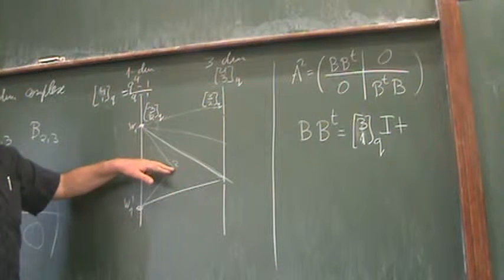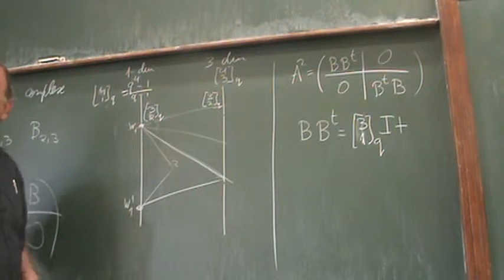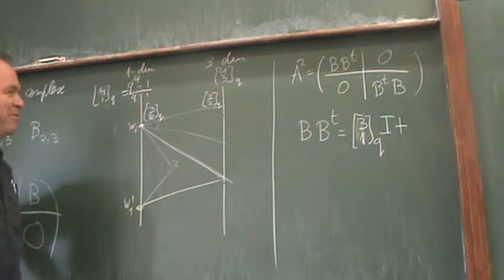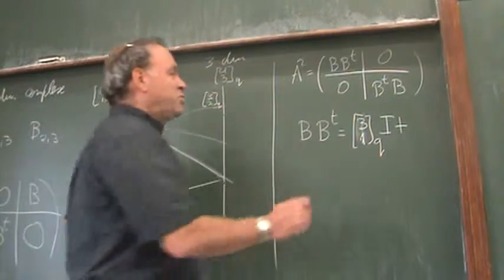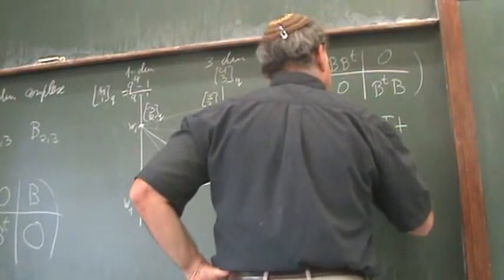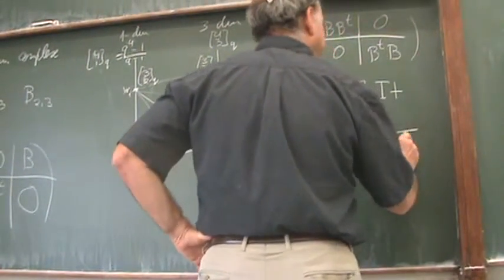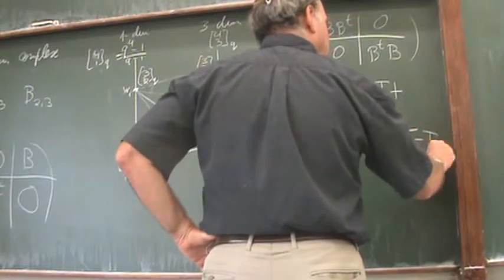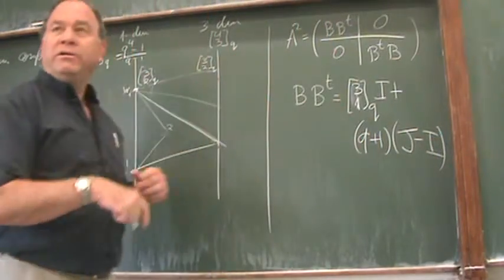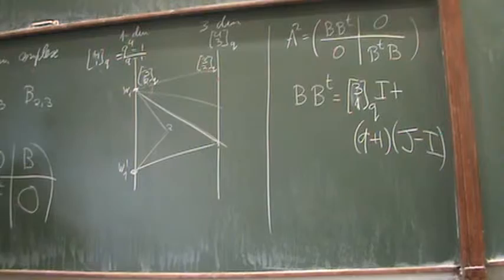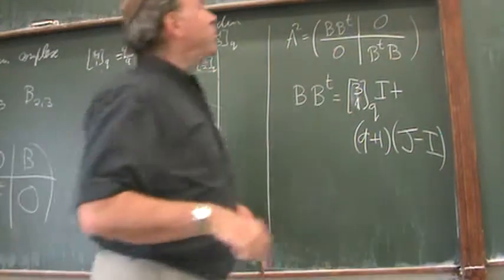I mean, these are easy considerations. Somehow you have to do it yourself once in a lifetime, to get used to that. So this will be plus (Q plus 1)(J minus I), where J is the all-ones matrix. Right? So now let's do this computation once again.